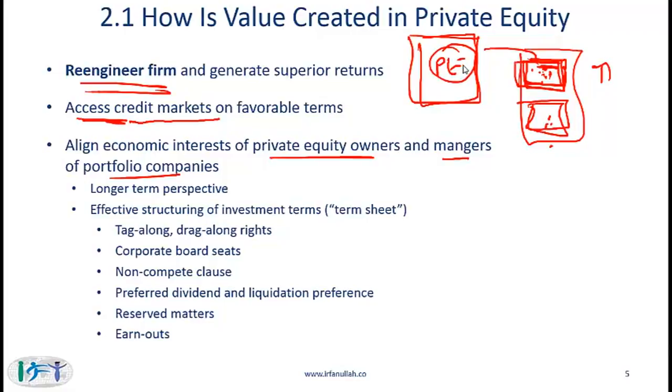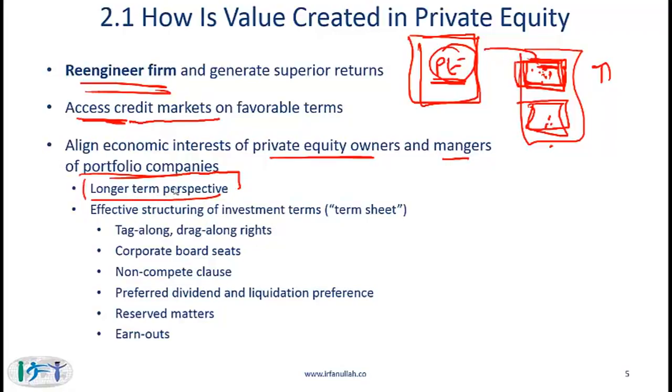We have talked about the fact that in regular corporations, there is a major agency problem, and we have to go through a lot in order to try and minimize and mitigate those agency problems. But in private equity, it is easier to avoid those agency problems by aligning the interests of the private equity investors and the management. One scenario or one example of how these interests are aligned is a long-term perspective.